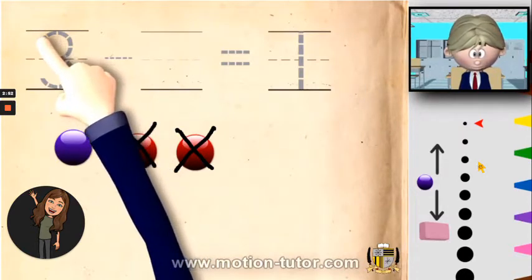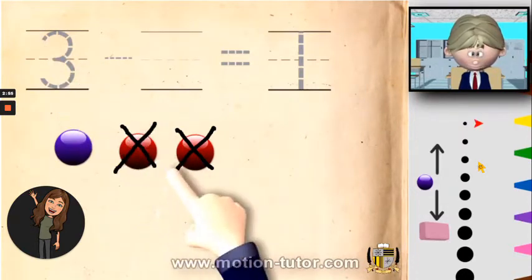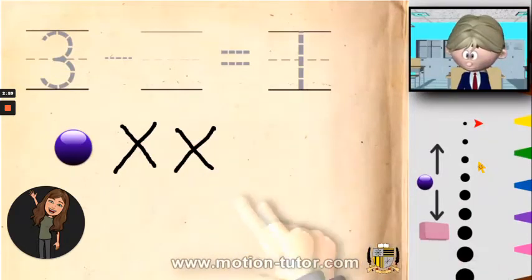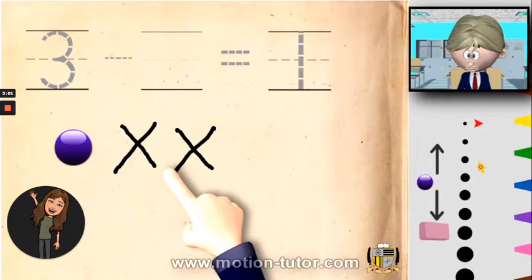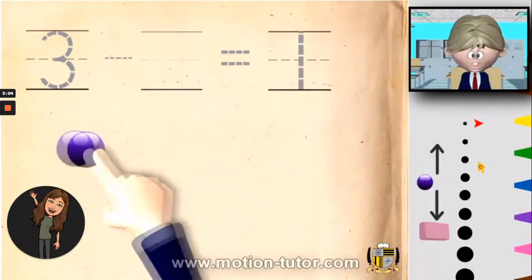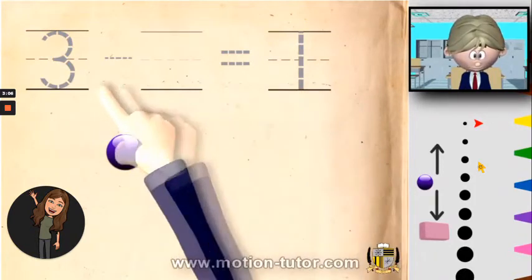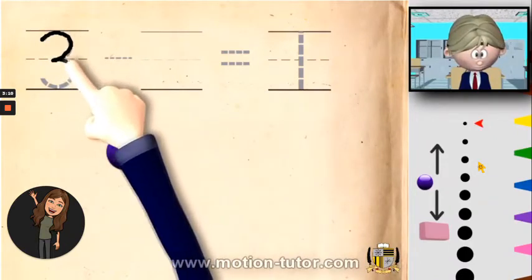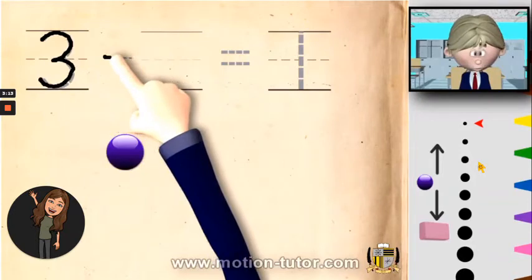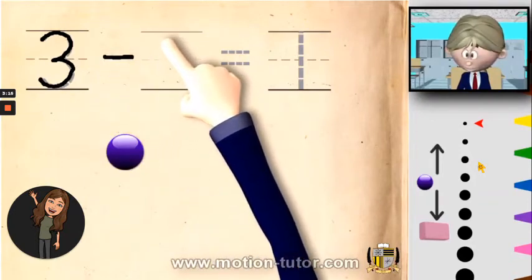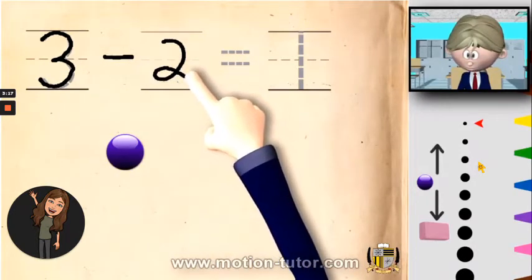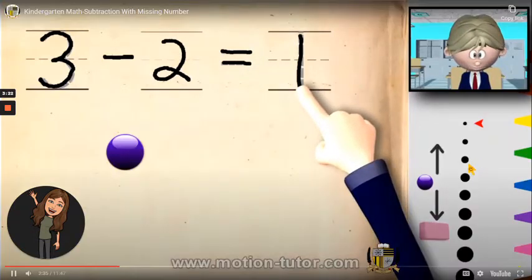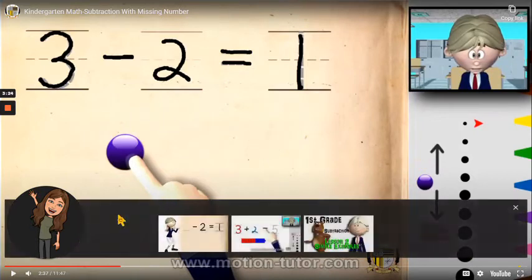So that means these 2 should be gone to have this 1 left. So that means 3 minus, or 3 take away 2, those 2 red ones, is equal to 1.